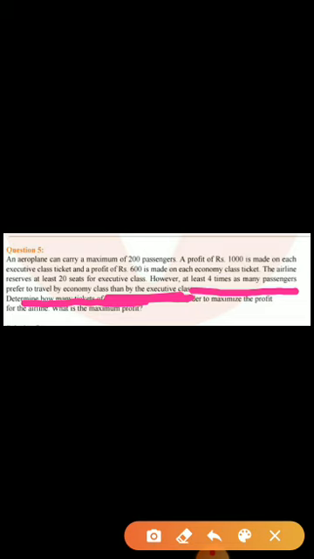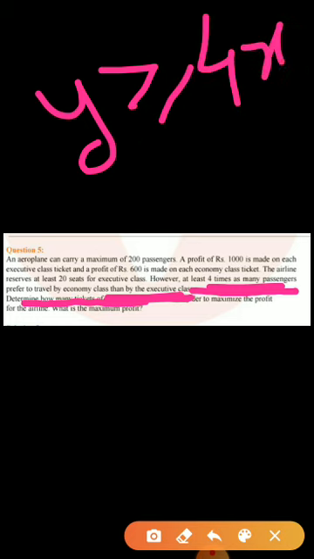My economy class was y, and it is at least 4 times as many passengers. So is it y greater than or equal to 4x?